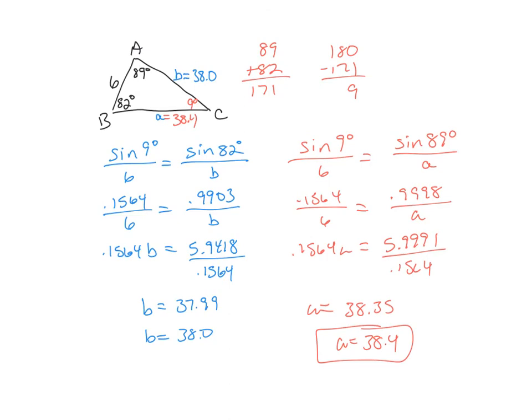And then the 9 degrees is across from the 6. You notice these 38 and 38.4 are pretty close together because 89 and 82 are pretty close together. And the 9 degrees is way off, so the answer should be a lot smaller. Your answer can still make sense in that quantitative way, the biggest angle has the biggest side across from it, but it is a way to check for a pretty large mistake.